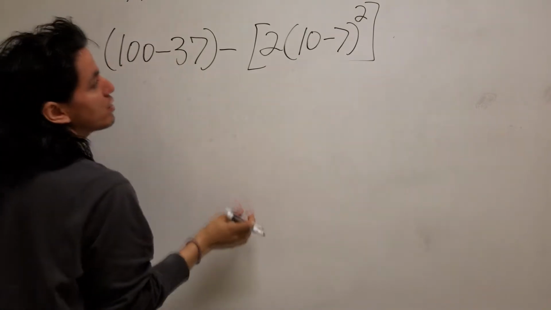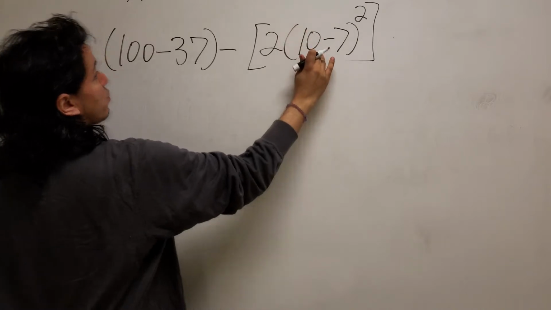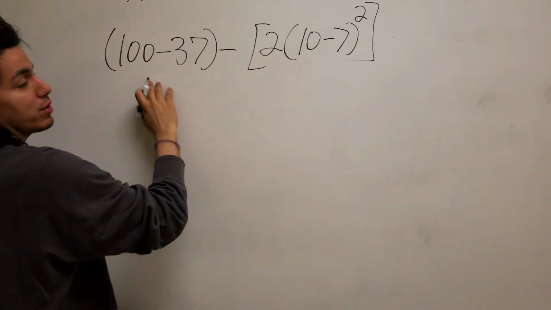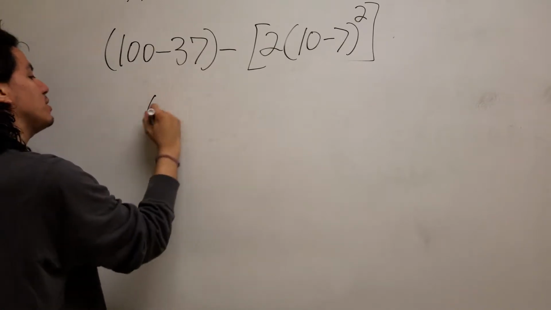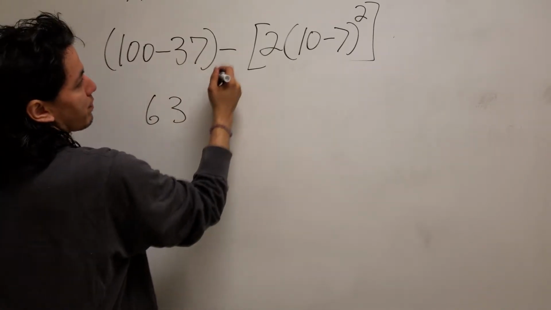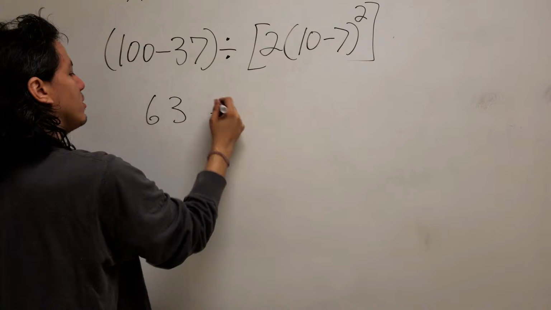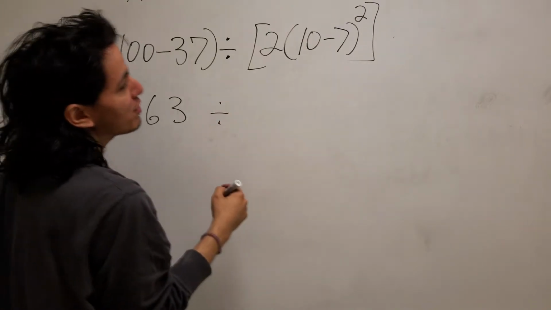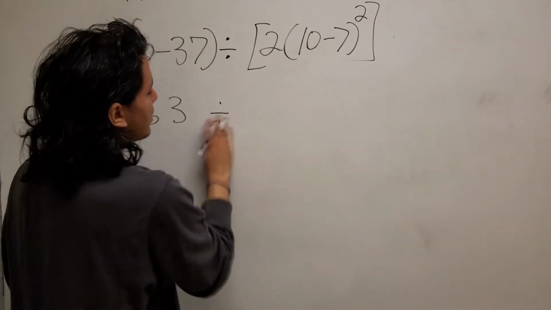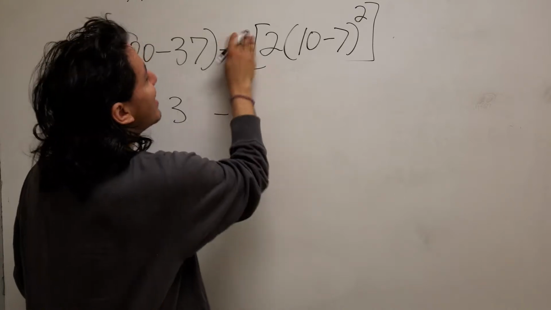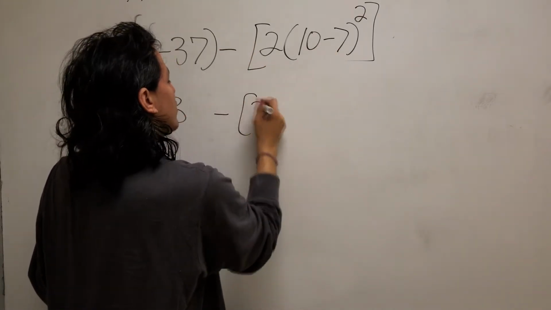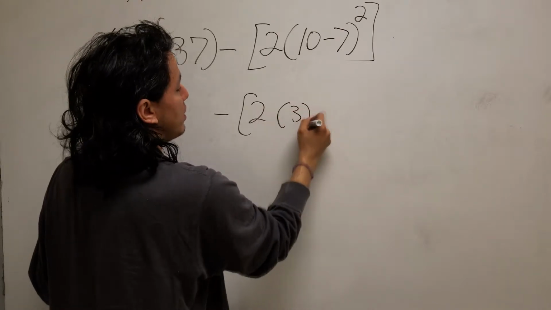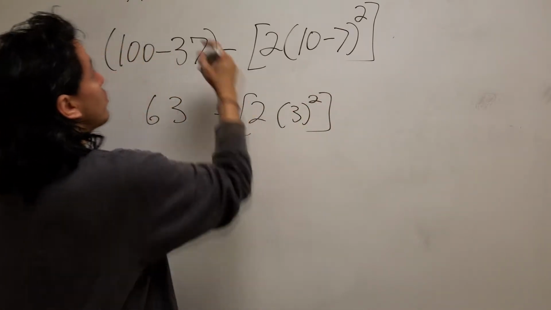Now when I say parentheses, we're going to do this one and this one. But since we're doing it from left to right, this one will be 63. Oh, I forgot to make this division, sorry. That was supposed to be division. Actually, no, we could keep a subtraction, sorry. 10 minus 7, let's see, 2, this would be 3 squared. So we're done with parentheses.